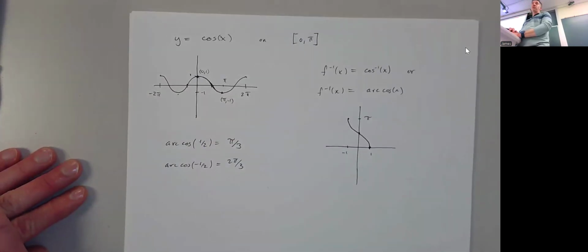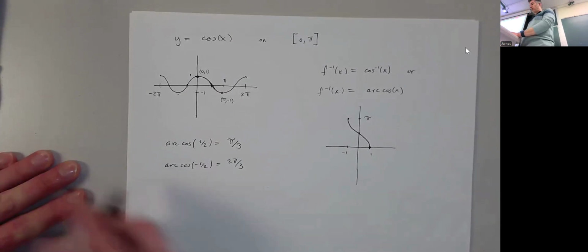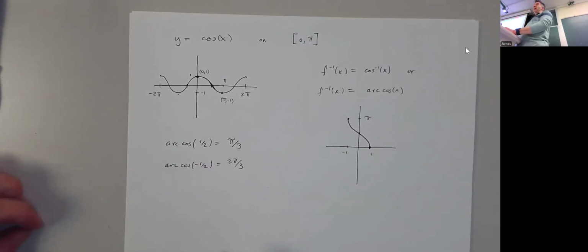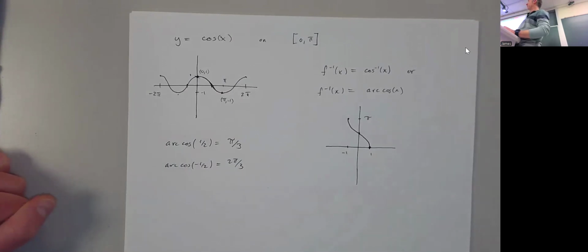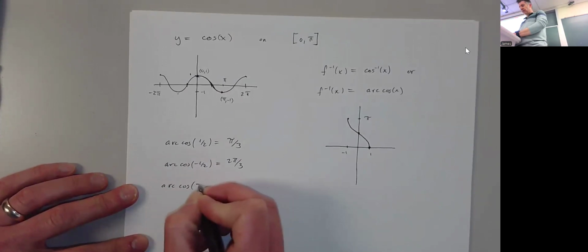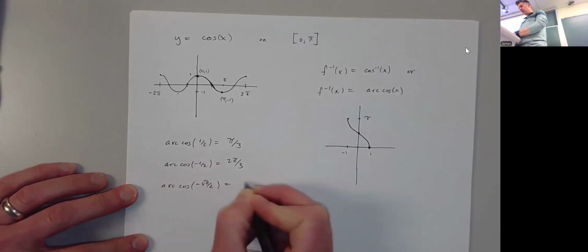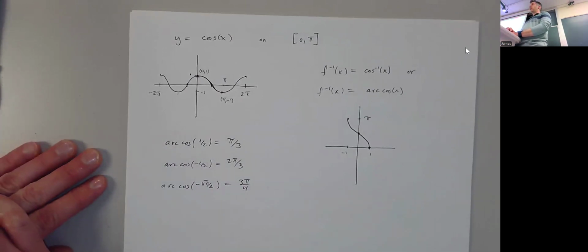Not negative pi over 3, because cosine of negative pi over 3 would equal positive 1/2, but that's in quadrant 4. So for arc cosine of negative numbers, you have to end up with angles in quadrant 2, where cosine happens to be negative. One more: arc cosine of negative root 2 over 2 would be 3 pi over 4, because cosine of 3 pi over 4 is equal to negative root 2 over 2.